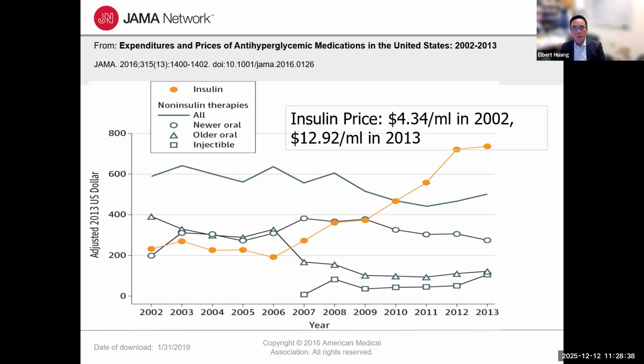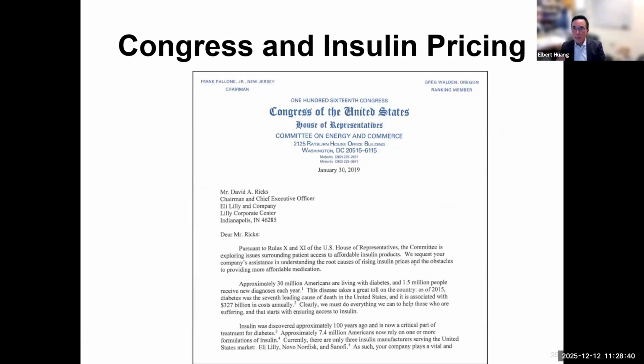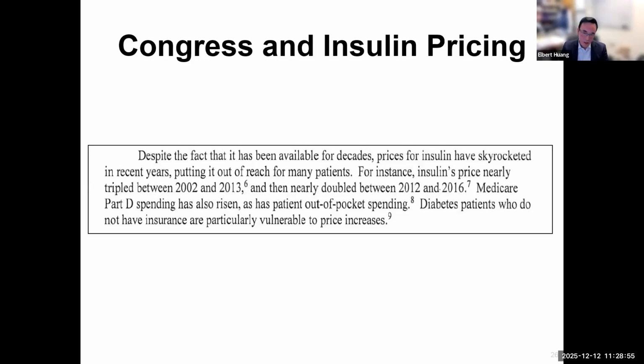But with these papers, this came to the attention of Congress, and there were lots of hearings by the House. And this is just a letter that went to the CEO of Eli Lilly at the time. And I'm just going to call out these sentences.